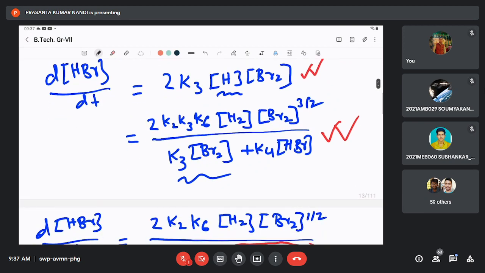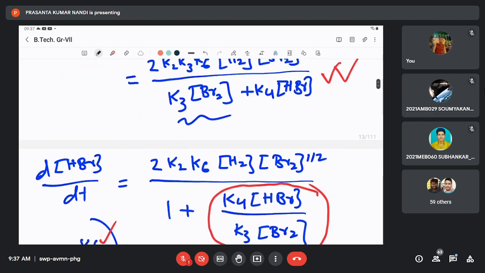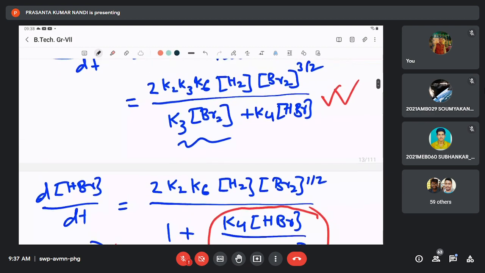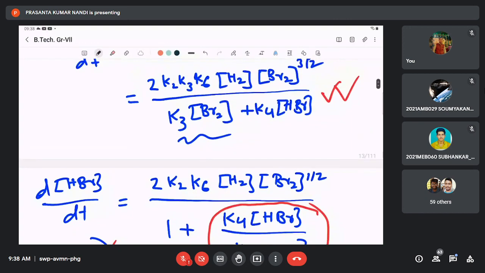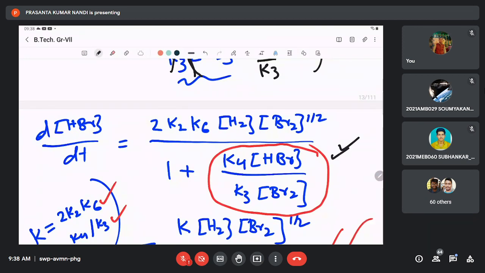And this K3 term, if you want to remove it from the numerator and manipulate, then we can write like this, because if you take K3 common here, then it would be K4 by K3, like that. And then this K3 term cancels out. And we get this simplified expression of the rate of formation of HBr.